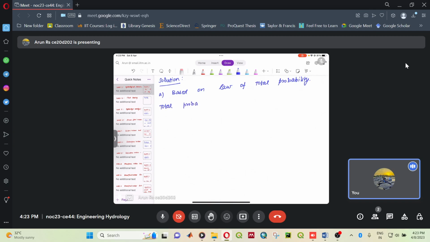So here we need to find the total probability of preventing the flood damages. And we have two options. We can improve the structural measure, or we can improve the non-structural measure.